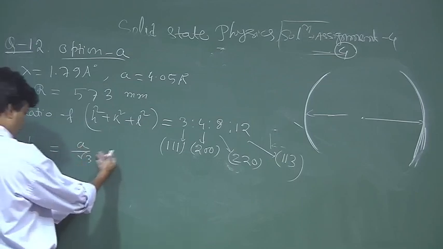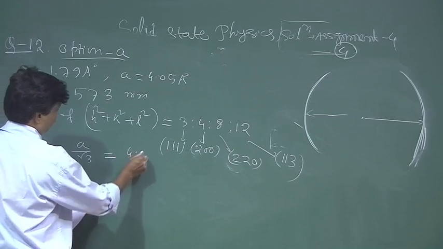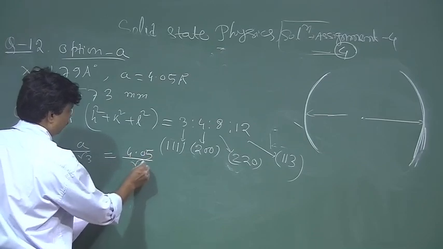This is equal to, a is given 4.05 divided by root 3.